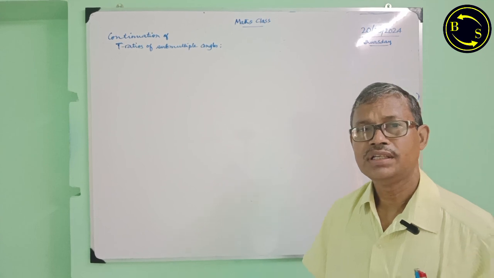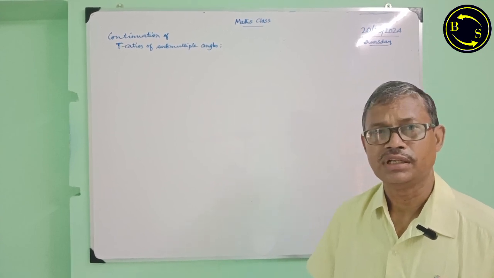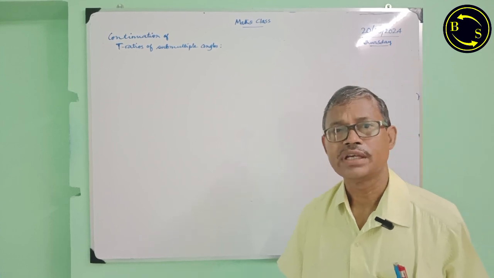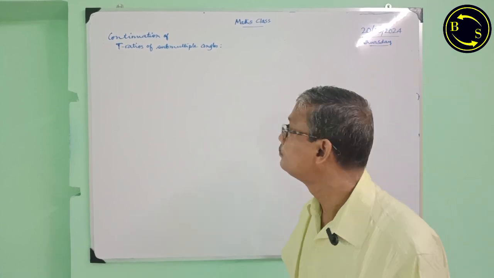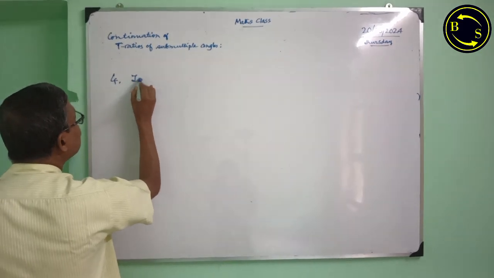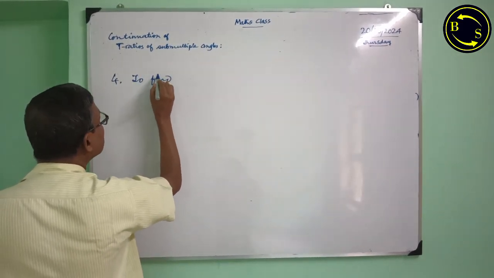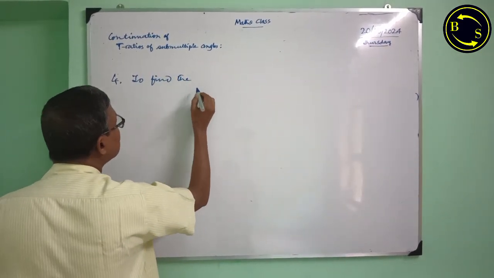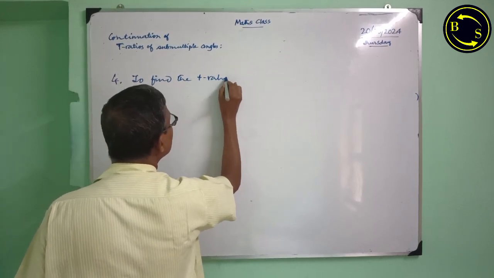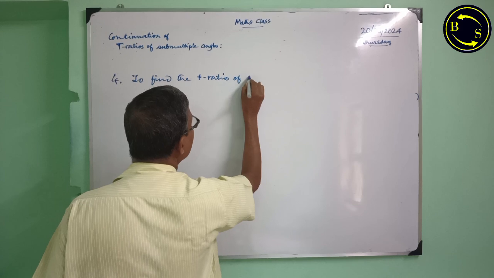Actually, 3 degree is equal to 18 degree minus 15 degree. That is why we need the values of sine 18 degree, cos 18 degree and tan 18 degree, the T ratios of 18 degree.